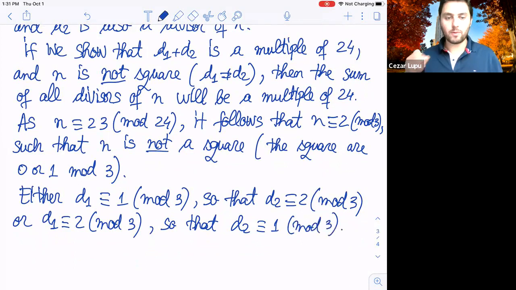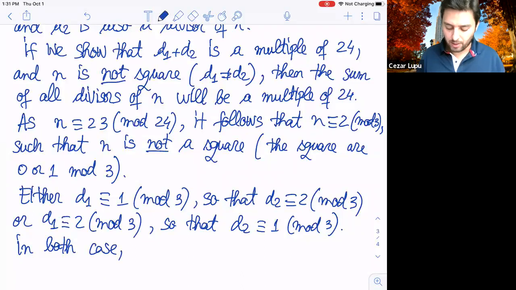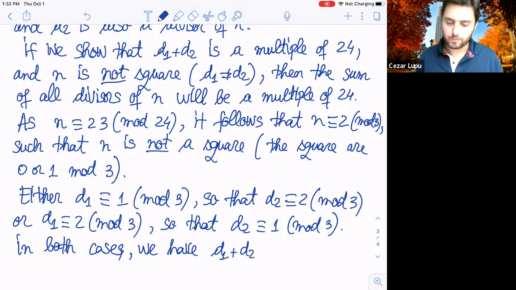So we have these two cases. Well, in both cases, if we add these two divisors, we have that d1 plus d2 is 0 mod 3.